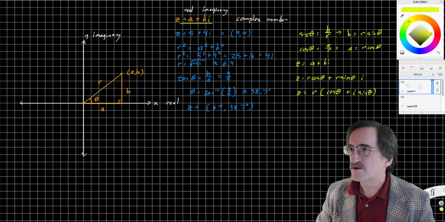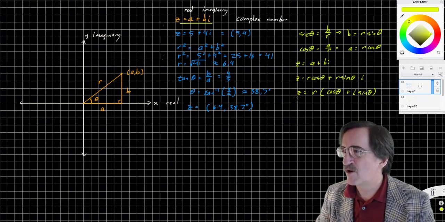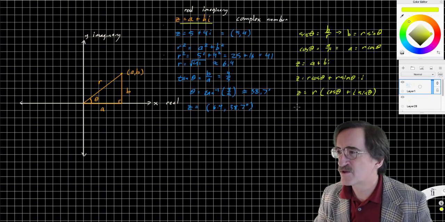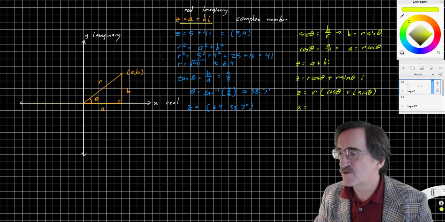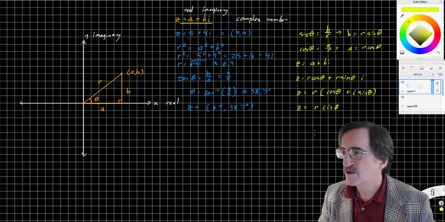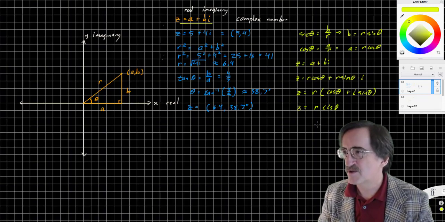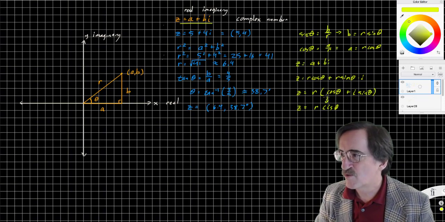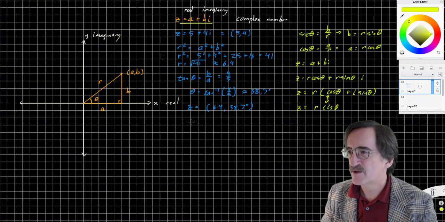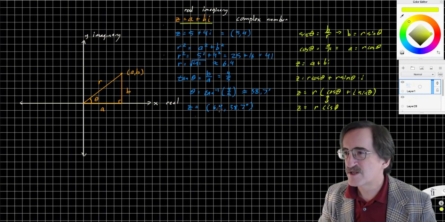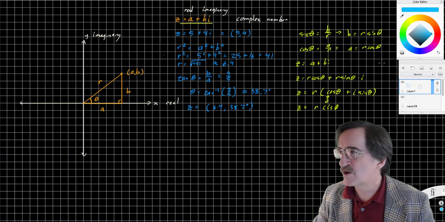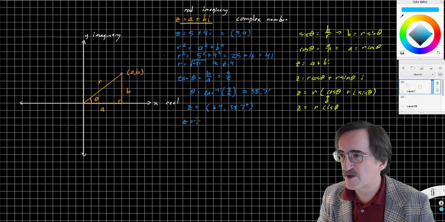There's a formula you're going to need to remember. This is used so frequently that in mathematics we recognize it in shorthand notation as r cis theta. It's shorthand for cosine plus i sine, but do be aware of exactly what it means.